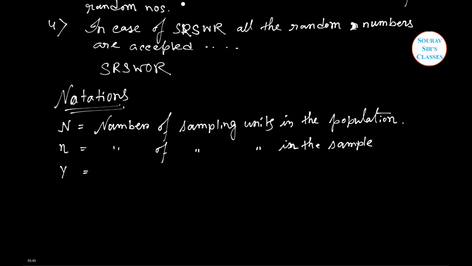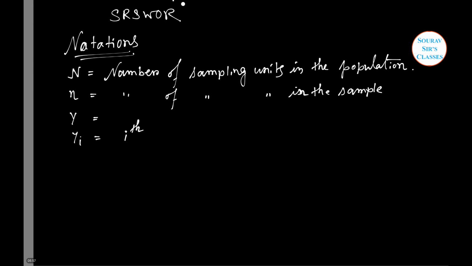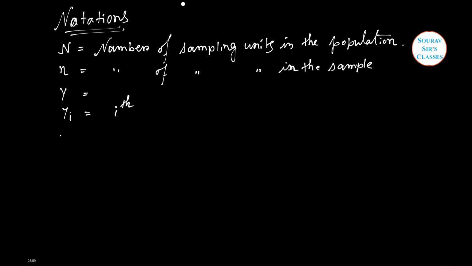Y, the characteristic under consideration. Yi, value of the characteristic for the ith unit of the population. Y bar, that equals 1 by n summation i equals 1 to n yi, sample mean.